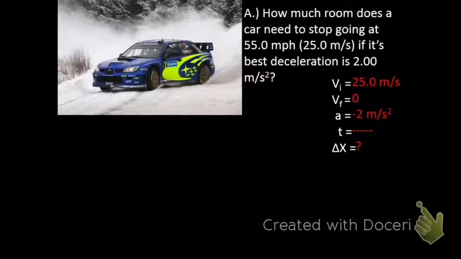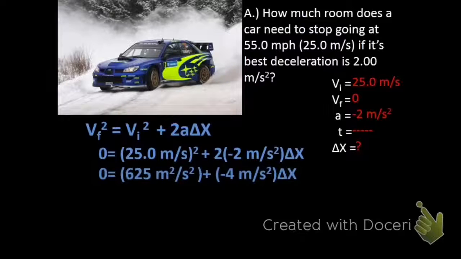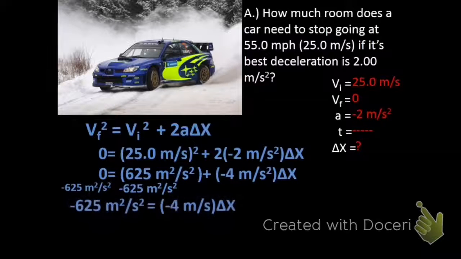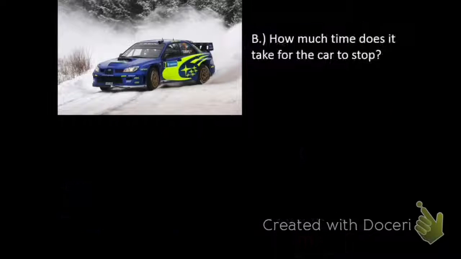So we're going to pick the equation that doesn't have time in it. Now we're going to substitute our values in. We're going to solve for delta x. And we're going to round to the appropriate number of significant digits. From there, we might be asked the second question, how much time does it take for this car to stop?